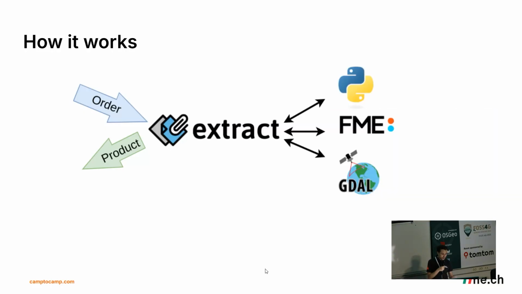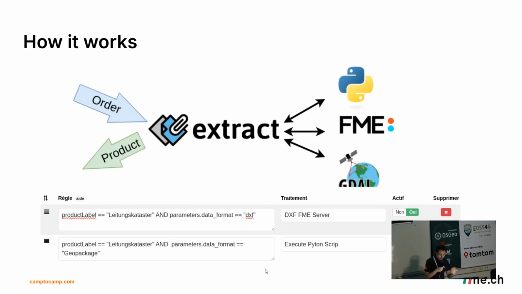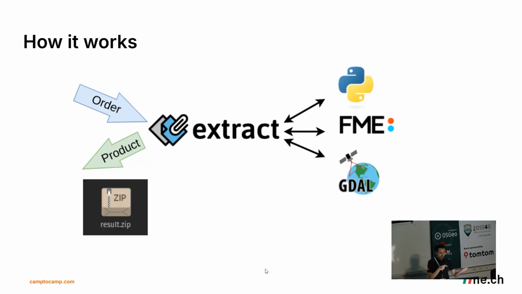With this information, Extract will start a process based on a filtering mechanism. So you can filter for this product label and for this data format, and then start this process. For example, there could be a Python script that just takes data from a Postgres database, writes a GeoPackage file, and delivers this result back to the GeoShop.